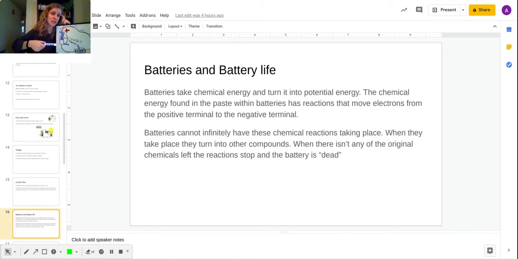So then it stops. It doesn't work anymore. There's no more potential energy in here. All of it has been moved into electrical energy. So when there are no more of the original chemicals left, that's when we would consider the battery dead.